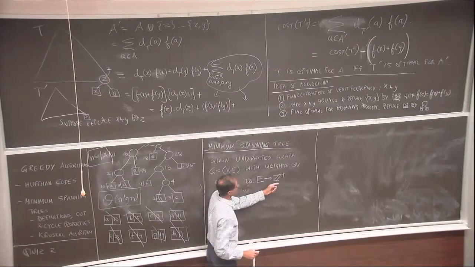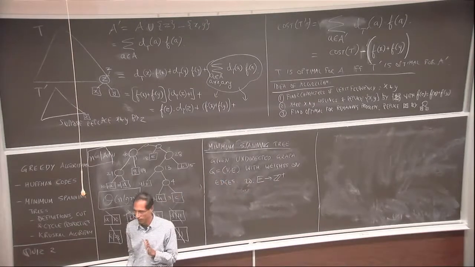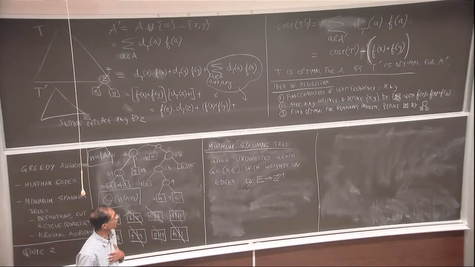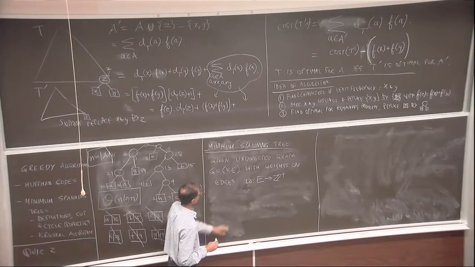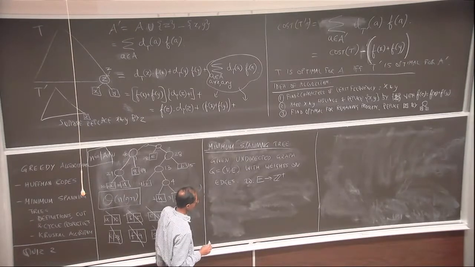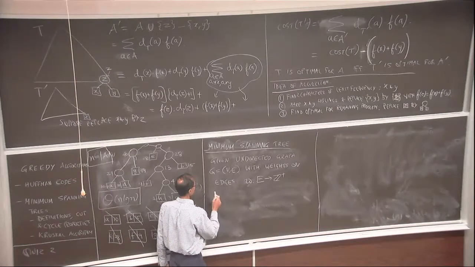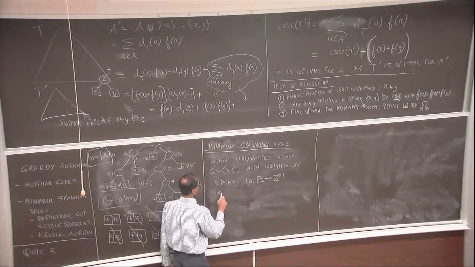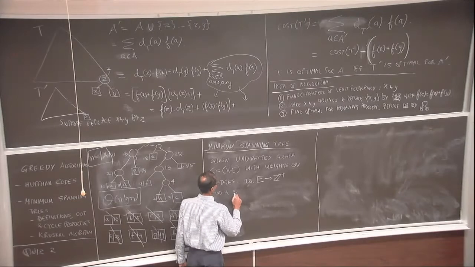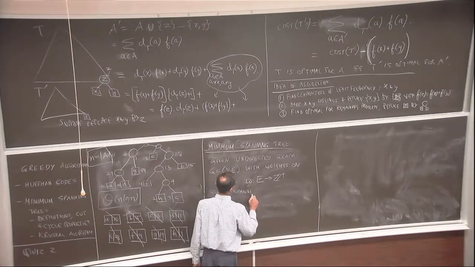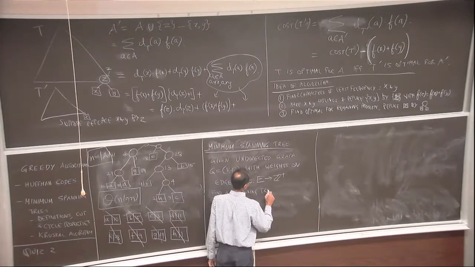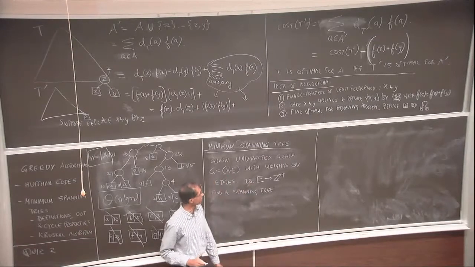Assume that they're all positive integers. Okay? So there are weights on edges. And our goal is to find a spanning tree. What's a spanning tree?